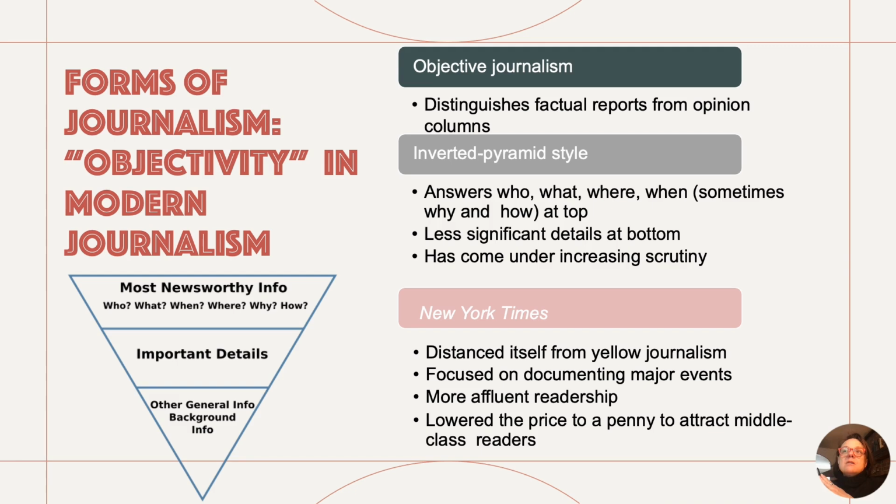So this is a critical question for all of us to think about in the contemporary moment, too. We're in a complicated time where objectivity is sort of seen as being under threat, and people are anxious about what is truth and what is verifiable fact and where people's opinions end and fact begins. And so this is something that you guys are experiencing that's not very different in some ways from what was happening during the yellow journalism period.